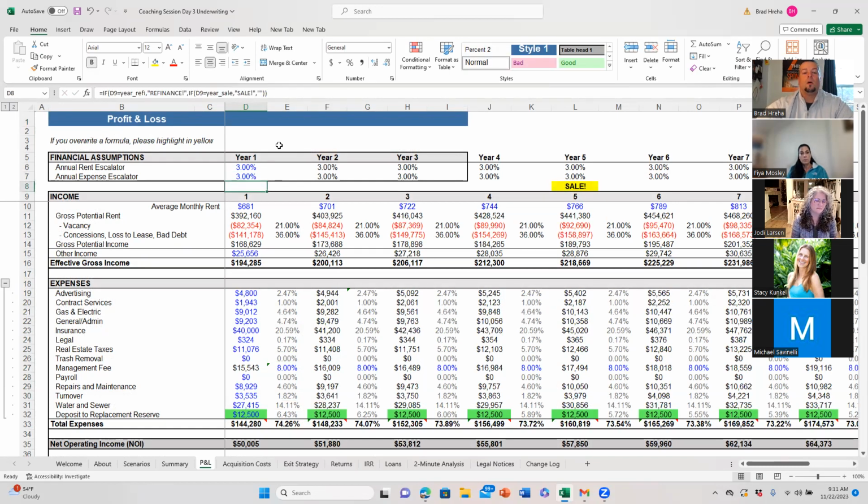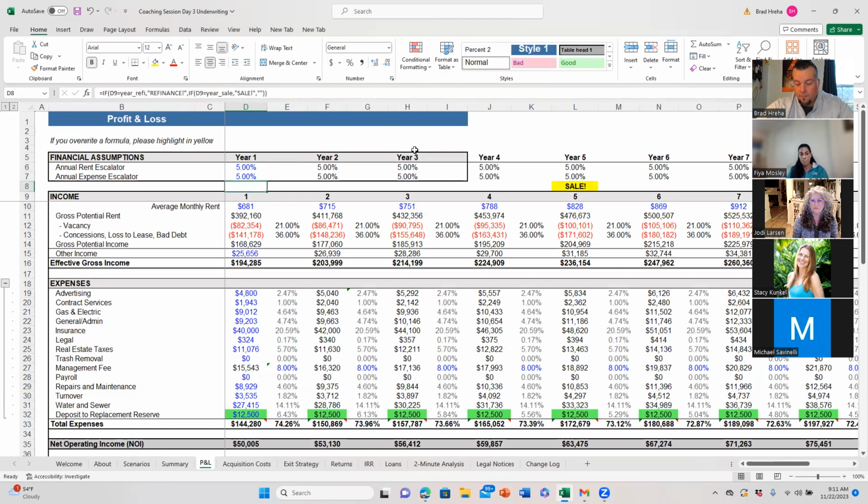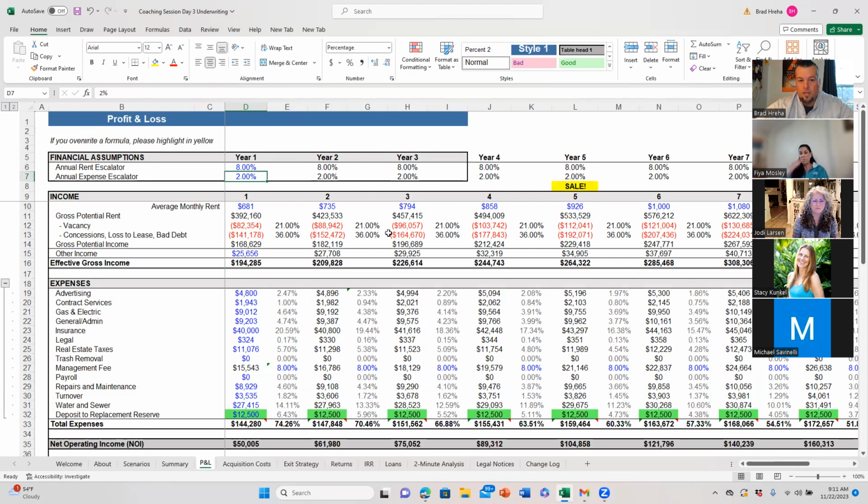Now, regardless of the number you use here, if you're going to increase your rent by 5% every year, you're going to increase your expenses by 5% per year. I hate when I see, oh, we're going to increase our rent by 8%, but our expenses are only going to go up 2%. No, if your rent goes up 8%, so will your expenses.